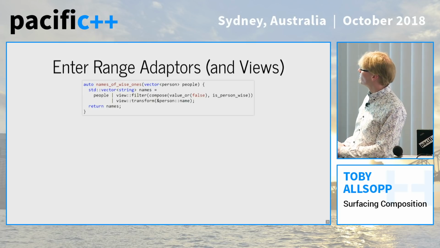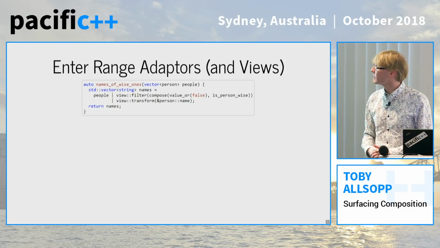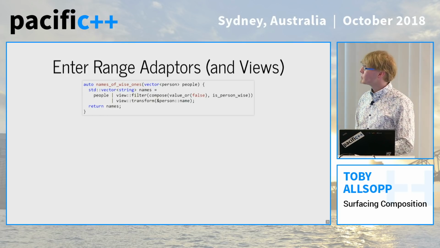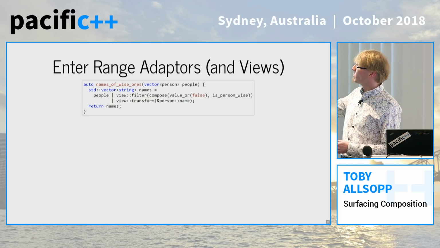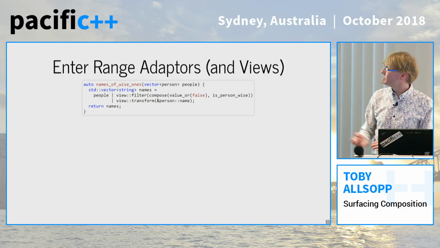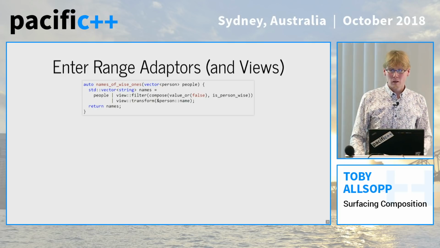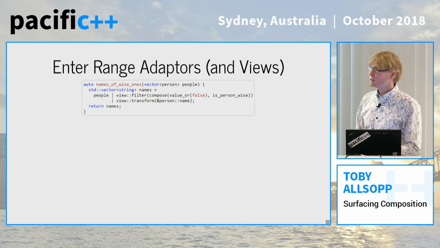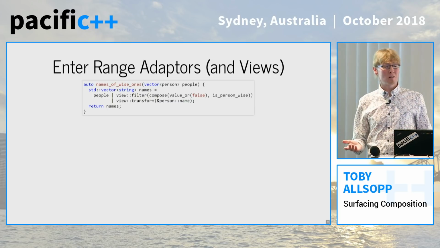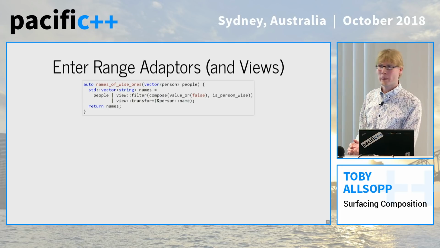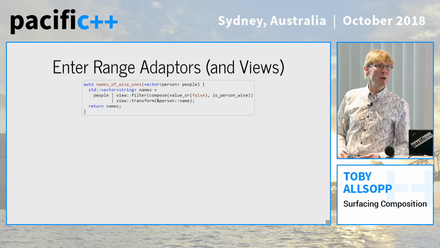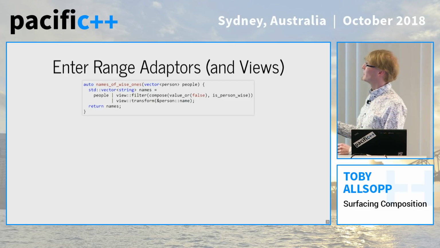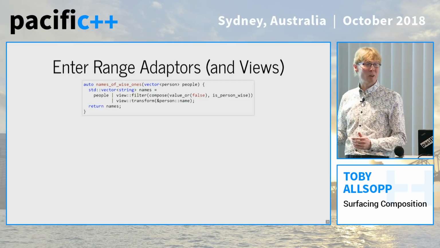What filter is doing there is it's taking as its parameter a predicate, and it's returning an object which can be chained with the bitwise OR, aka pipe operator. C++ is kind of known for misusing bitwise operators for non-bitwise things, so we're probably okay with this. If we're okay with I/O streams, right?